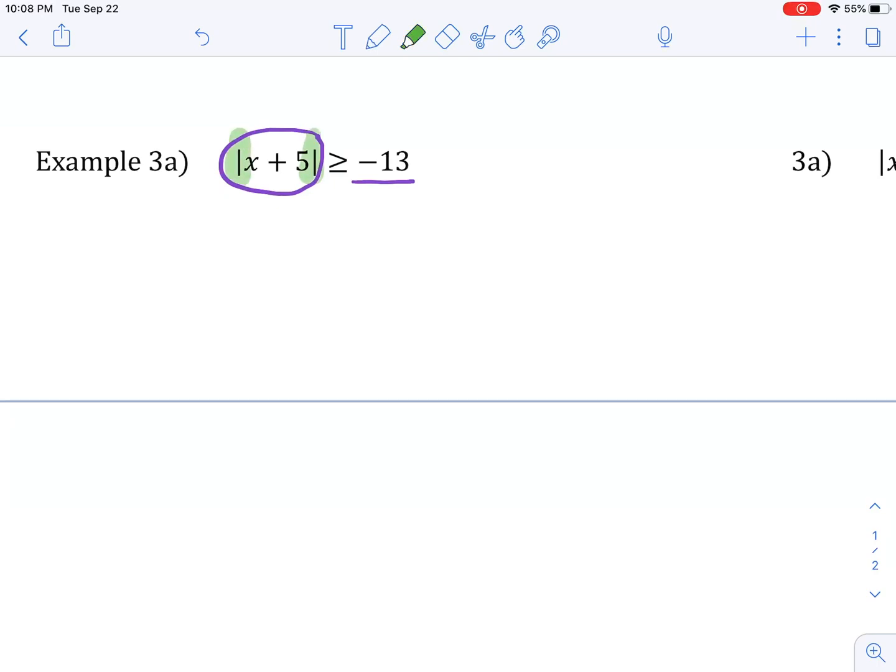Because you're taking the absolute value, no matter what, you are going to get greater than negative 13, right? No matter what. So this is all real numbers. X is the set of real numbers for this answer. No matter what you plug in there, because you're taking the absolute value, it's going to become a positive number and therefore will be greater than negative 13.